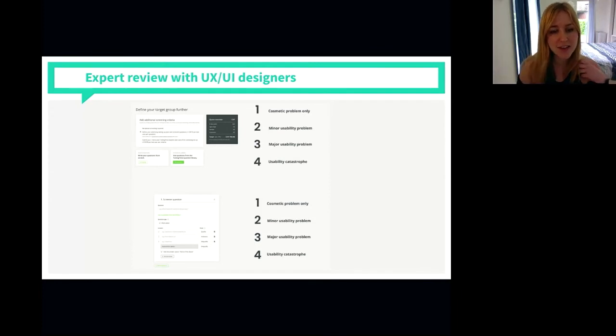And at the end, we asked them to rate them with a scale from 1 to 4 about usability problems. And to discuss a little bit, okay, what are the pros and cons of each option? And maybe if they find a better way to do those designs, those were very welcome as well.